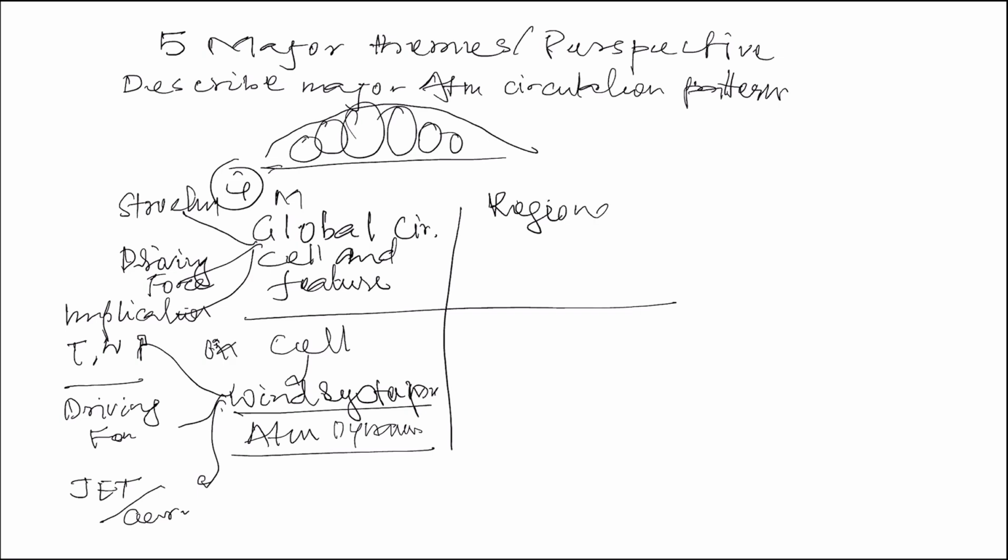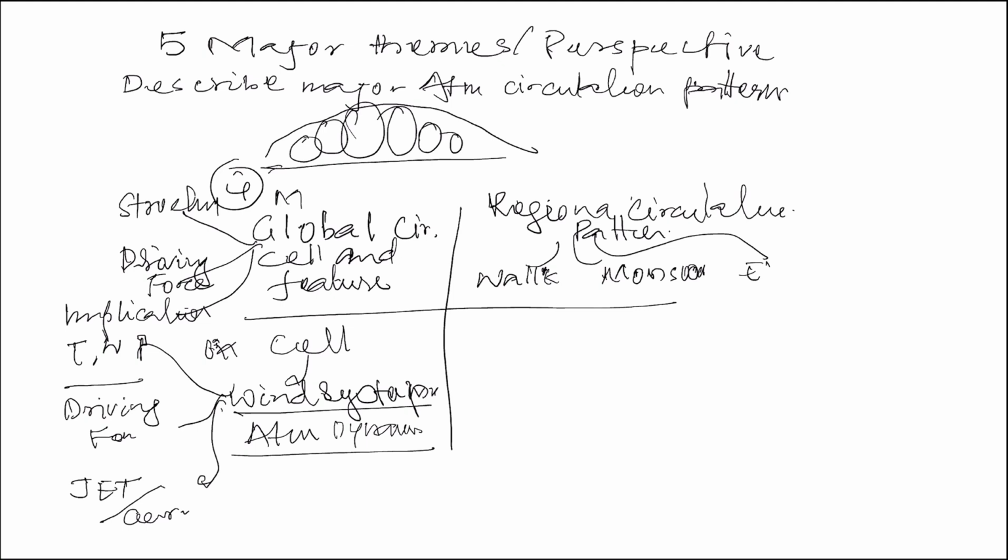In the regional circulation pattern, we can see how the Walker cell, the monsoon system pattern and the El Nino oscillation are affected, what their driving forces are, and what their implications are.